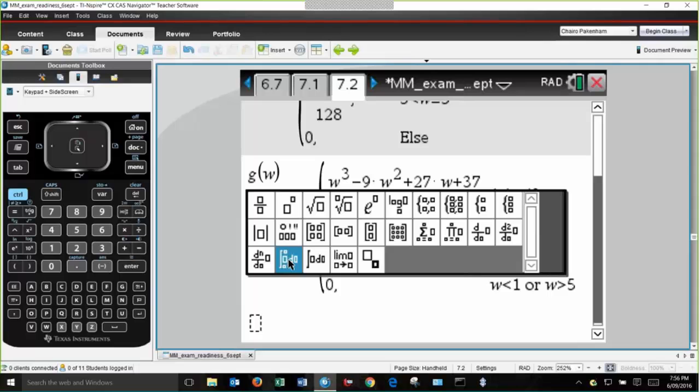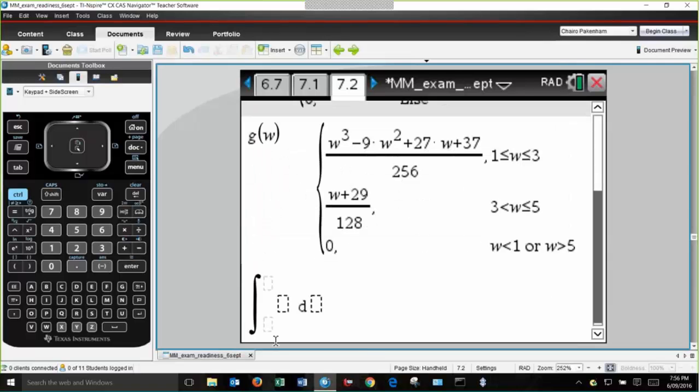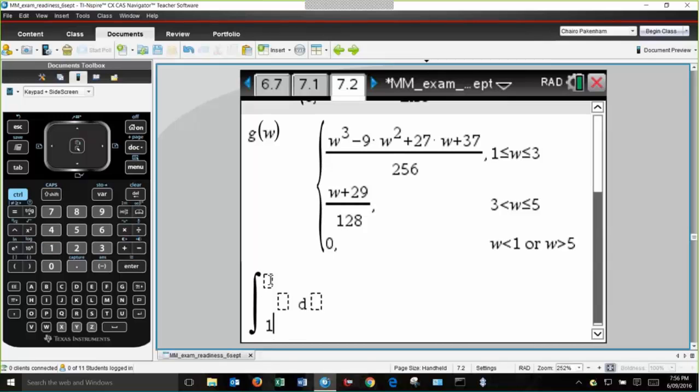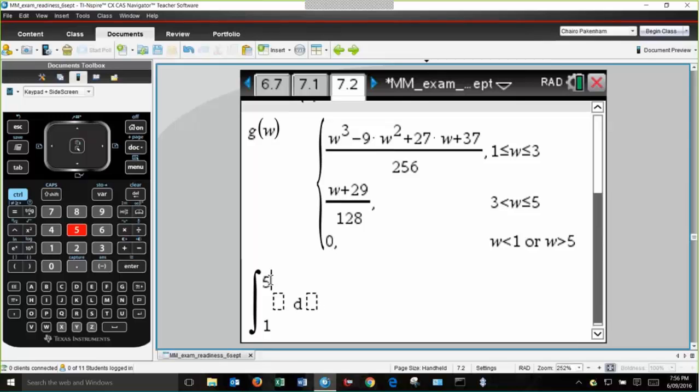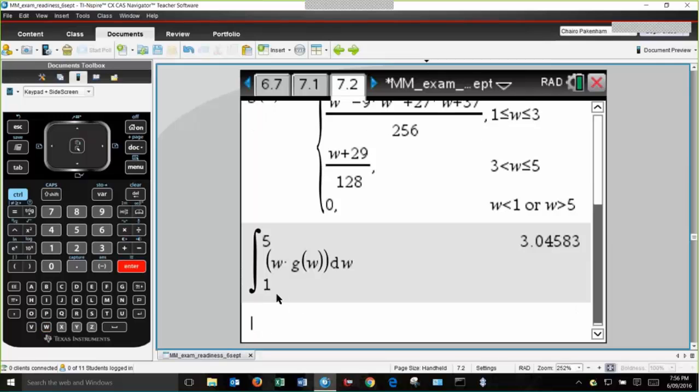So it's going to be the integral from 1 to 5 of W multiplied by G of W with respect to W, and we see that the expected or mean value is just over 3 minutes.